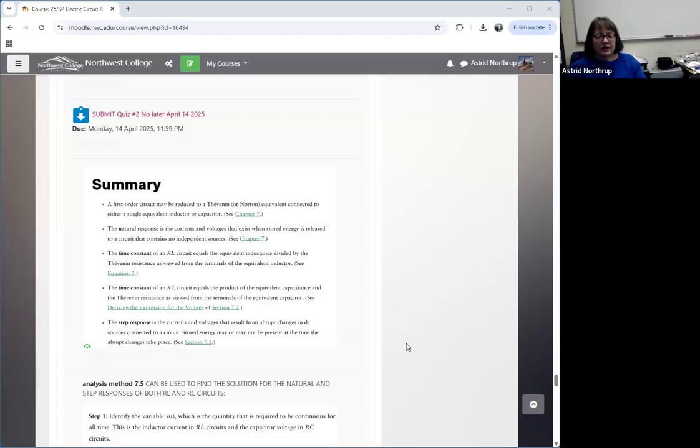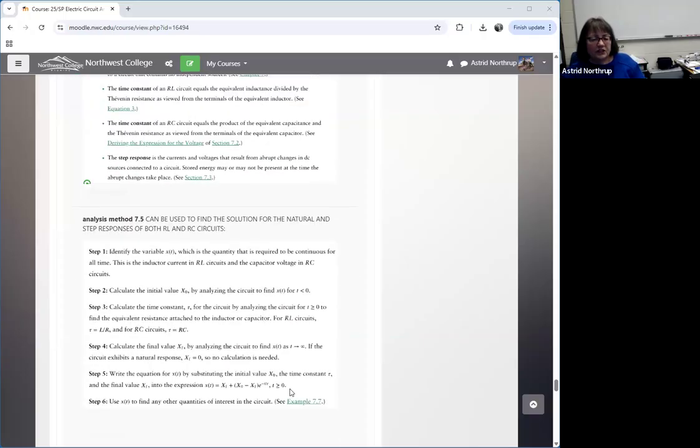The natural response is when we don't have an independent source. So for example, when we have disconnected from the independent source, what happens to the stored energy in either the RL or the RC circuit, whereas the step response is a little bit broader. Any abrupt change, connection to, disconnection from, and you can also have stored energy present or not.